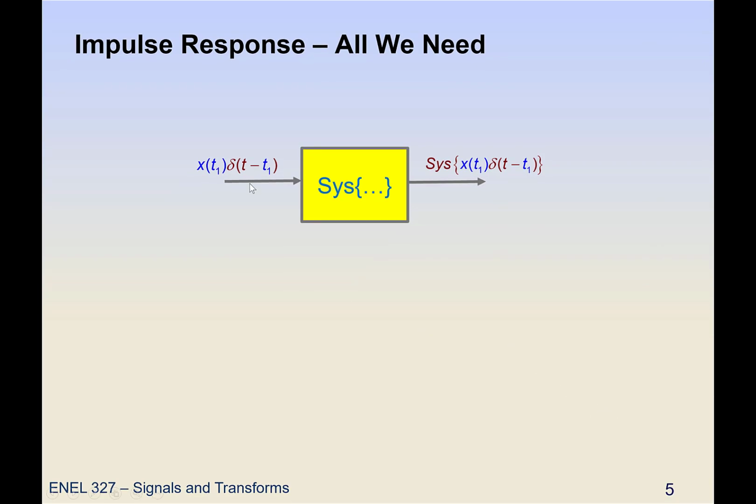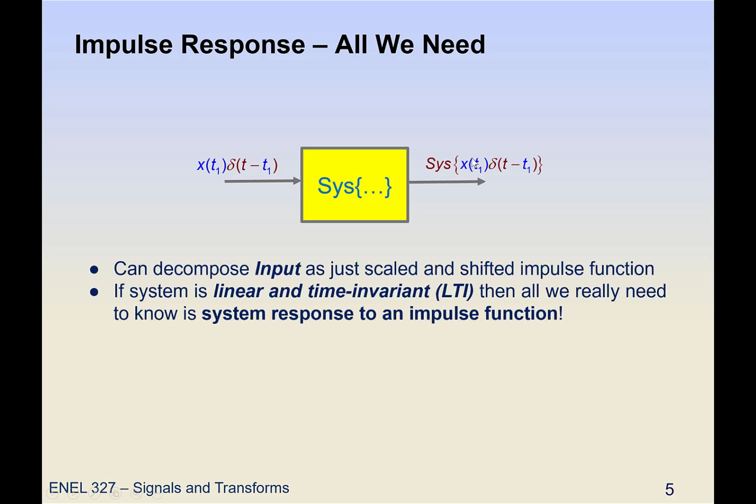So if we think of a single one of these impulses, which is shifted and has some certain amplitude, we should get some output like this. But because we can decompose the input as just scaled and shifted impulses, and if we already know that the system is linear and time invariant, or LTI, then all we really need to know is the system response to a single impulse function.